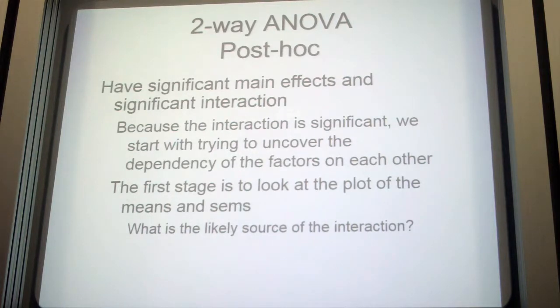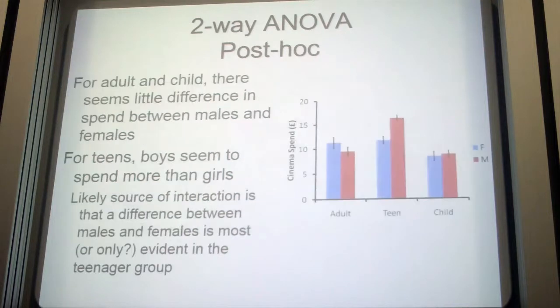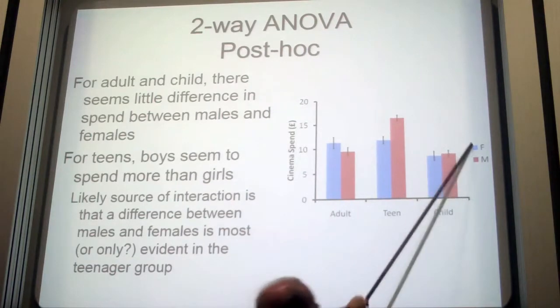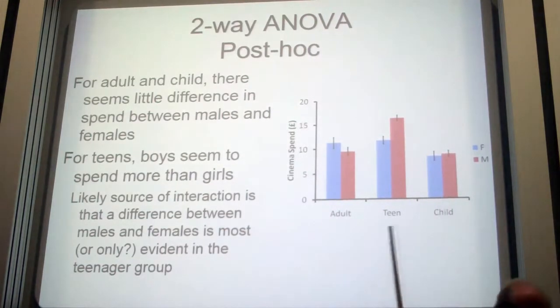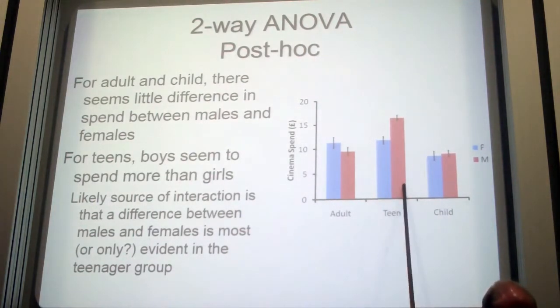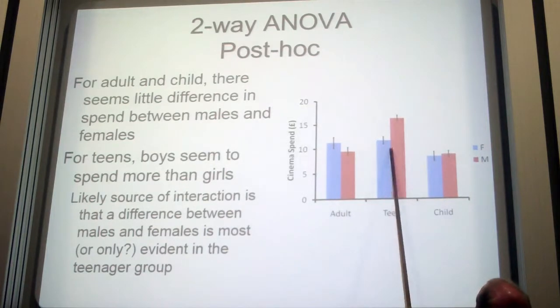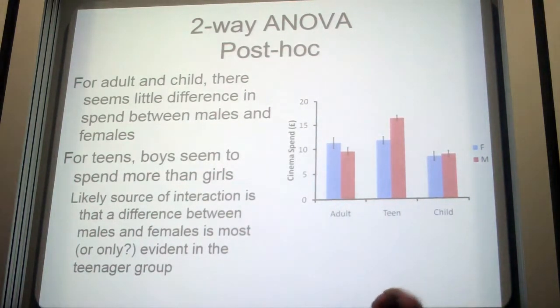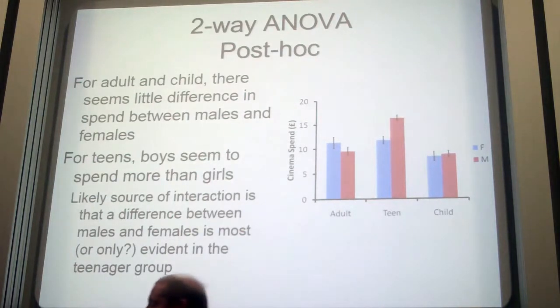So the first thing, we just plot it out. We look at the means and the standard errors of the mean. Okay, so we've got adults, teenagers, children, by the 2 genders. And the quick eyeballing of that suggests to me that for children, it doesn't matter about gender. With teens, it's probably males spend more than females, whereas for adults, they're roughly the same. Perhaps females spending a little bit more than males.